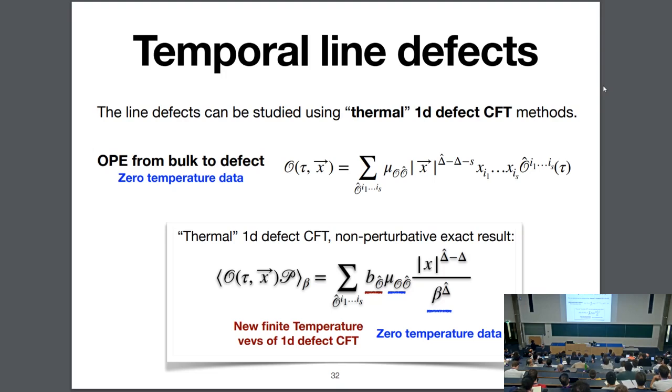When you plug in a one-point function of a bulk operator with a Polyakov loop, what you get is an expansion. This is a formal expansion, but everything here that is underlined in blue is zero temperature data. And the only new finite temperature data are these one-point functions on the 1D defect CFT. That's the only new thing.